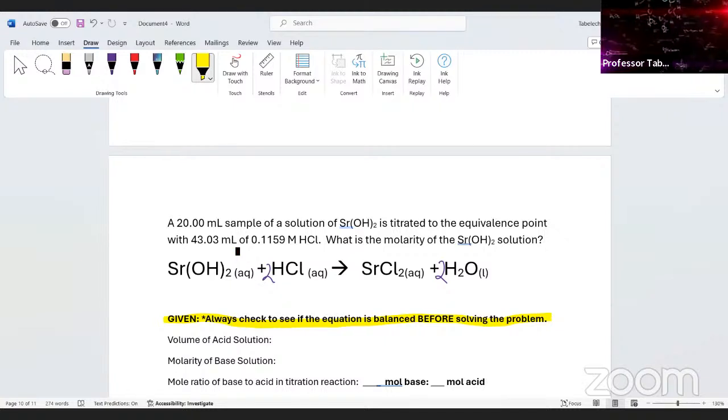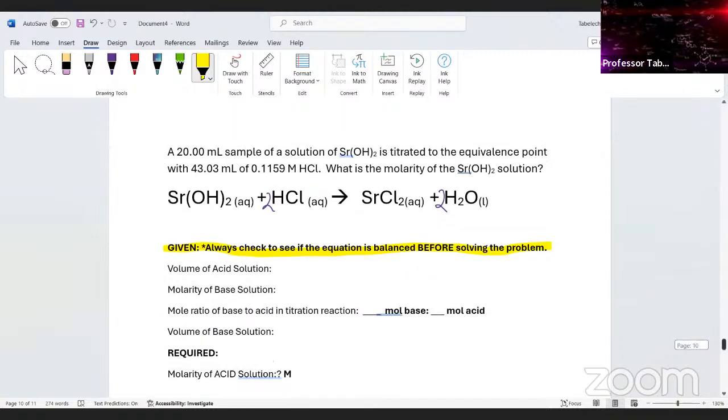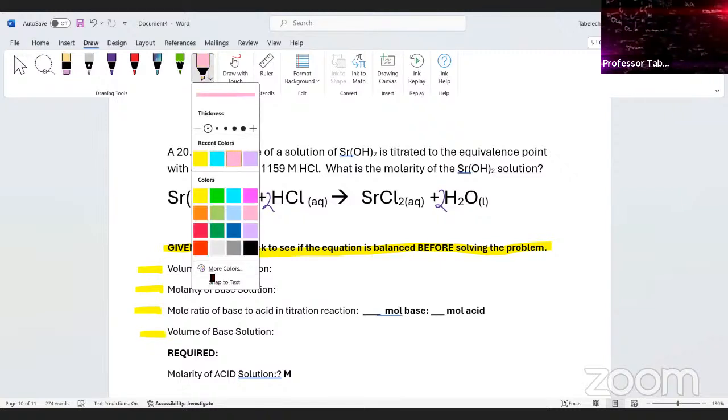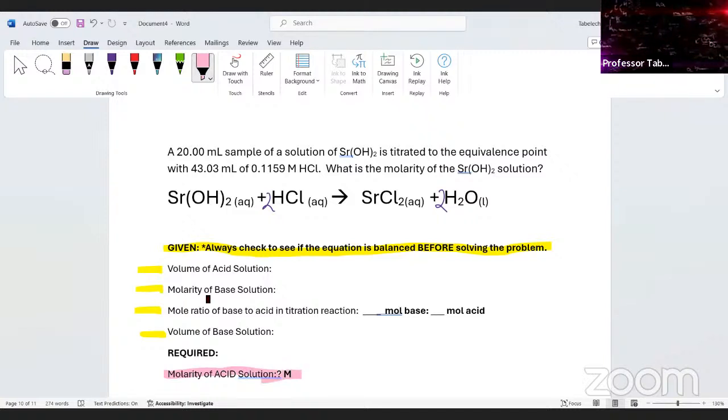Now, let's go through and make sure that we can fill in these marks right here, okay? Now, again, your teachers are not going to do this in terms of, well, I can't say they won't, but I'm giving you 5 points of spots you need to fill in, okay? You need to fill in these pieces right here. What you're looking for is the molarity of the acid solution.